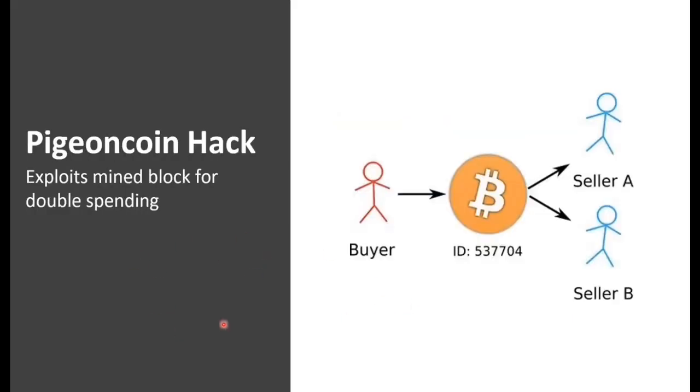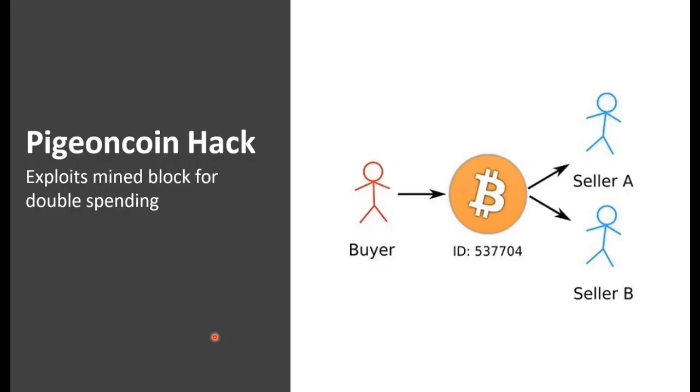The Pigeon Coin hack exploits a mine block in order to pull back a cryptocurrency or a Bitcoin that's already been spent. So this is a double spending. Now, built into the logic of the applications, especially with Bitcoin, Ethereum, all of the popular cryptocurrencies, is protection to prevent double spending.